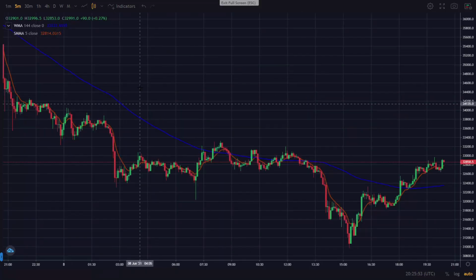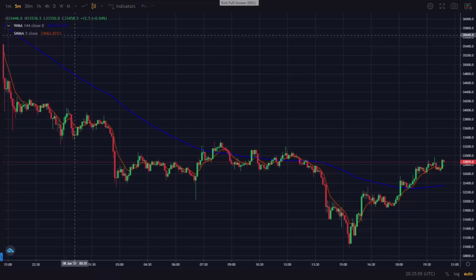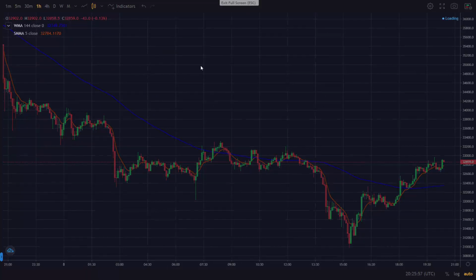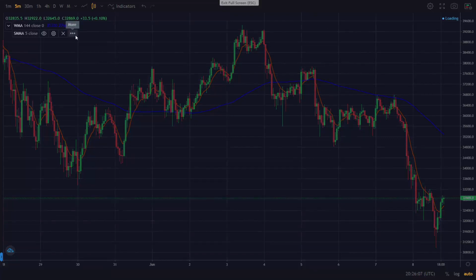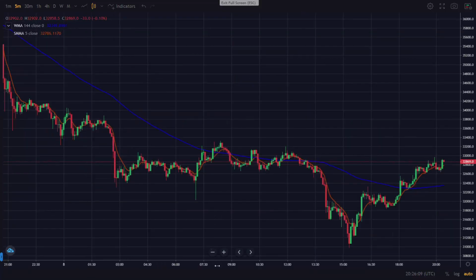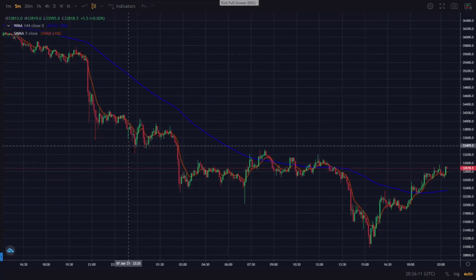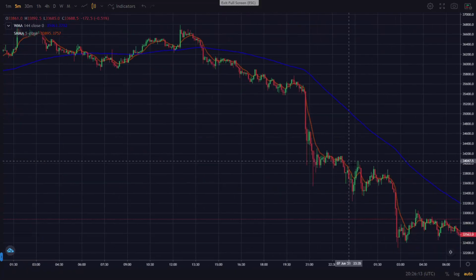So before you actually start trading, you need to establish if you're in an uptrend or a downtrend. So here on the 1 hour chart, we can see we are in a downtrend from this point at 9 o'clock on June 5th. So we come to the 5-minute chart and we can find where exactly we got into a downtrend.